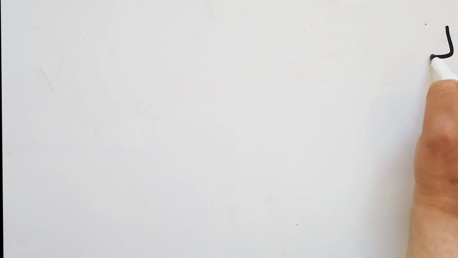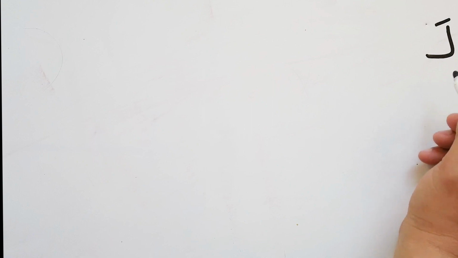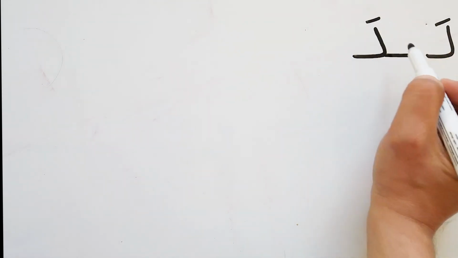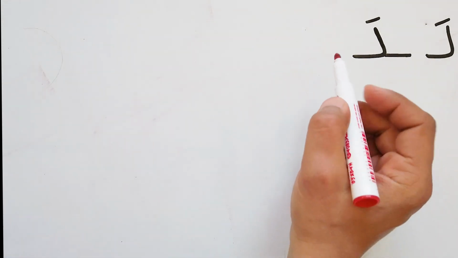So now, based on the previous activities, we know that we have two different shapes of de. It can be like this, de, or like this. Let's see se. We have more shapes of se.